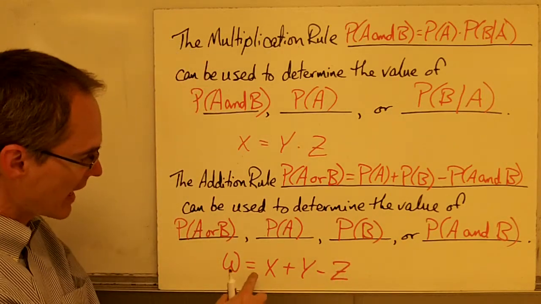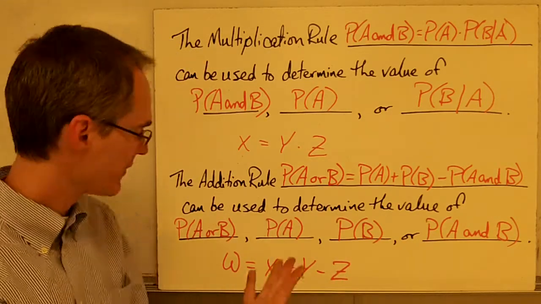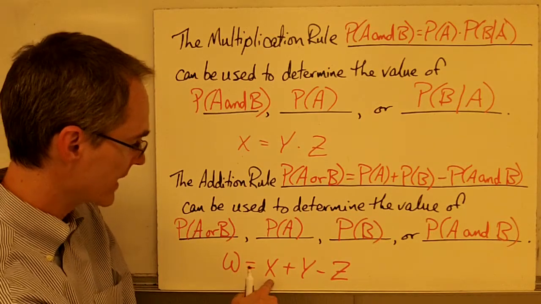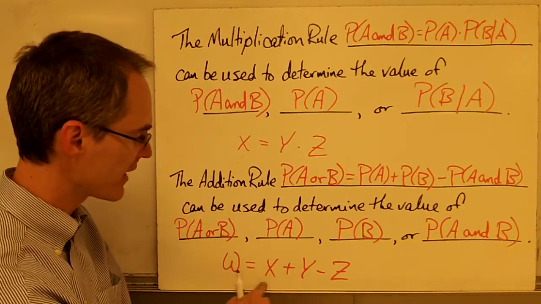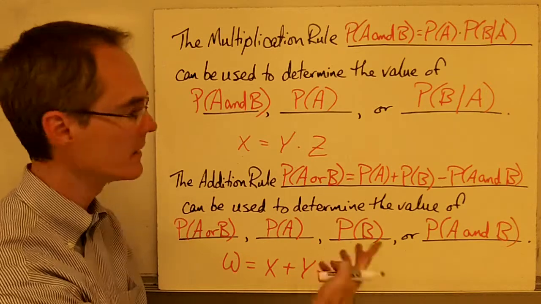And again, if I had numerical values for, say, w and x and y, then I could plug those values in and I could find the value of z. It's the same way here.